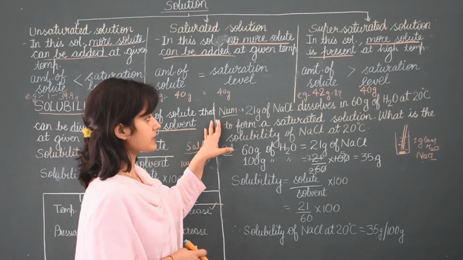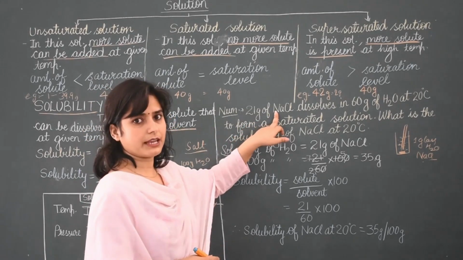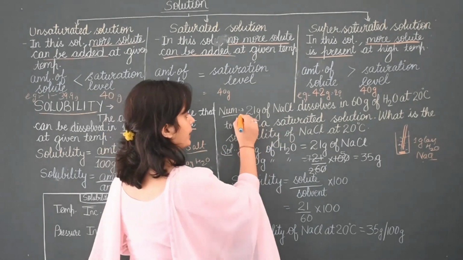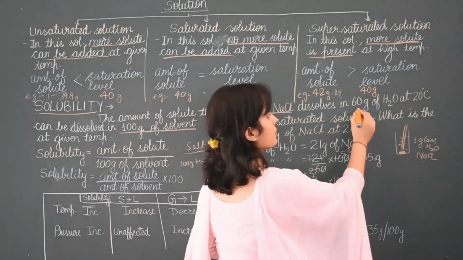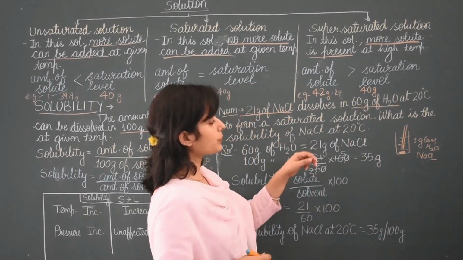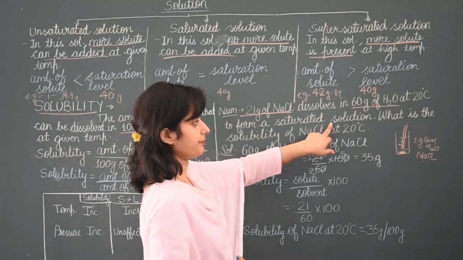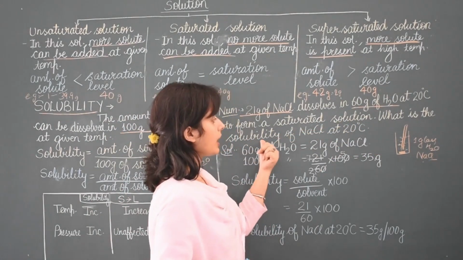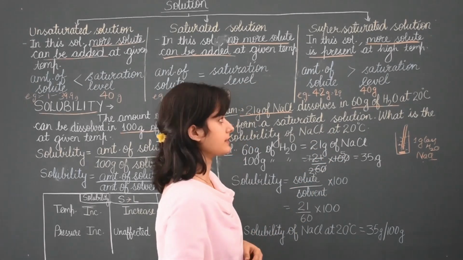Okay, now this is a numerical. 21 gram of NaCl, that is common salt, dissolves in 60 gram of water at 20 degrees Celsius to form a saturated solution. What is the solubility of NaCl at 20 degrees Celsius?